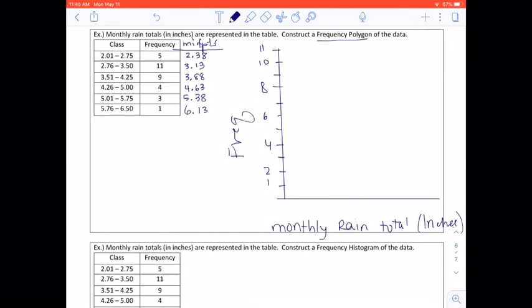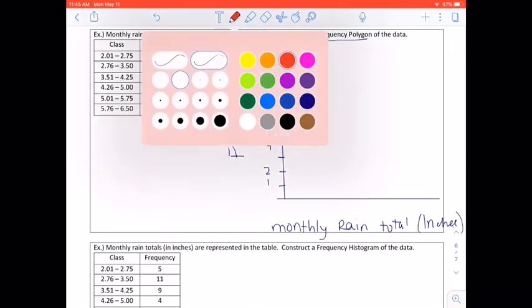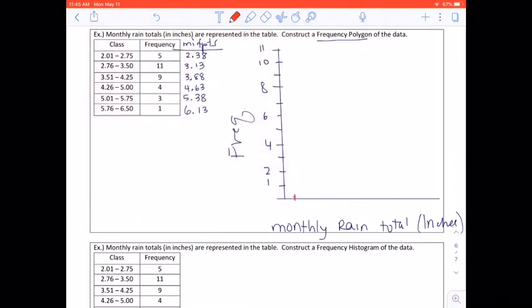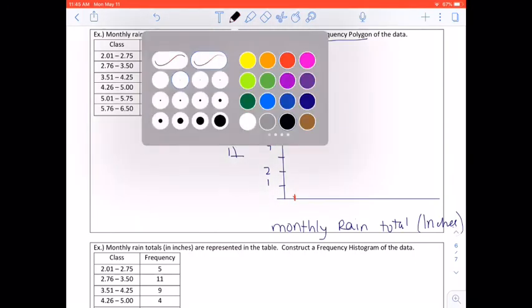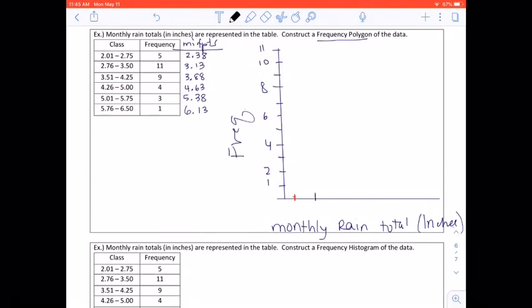Okay, so when I go ahead and put my numbers in, I want you guys to leave one dash here that we will fill in. There's a special note that we wrote down, and we're going to equally space these. So the first one is the midpoint. The first midpoint that we had was 2.38.